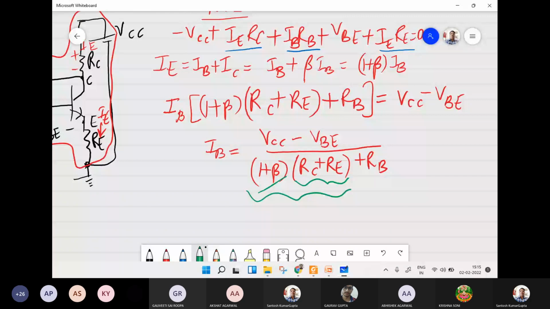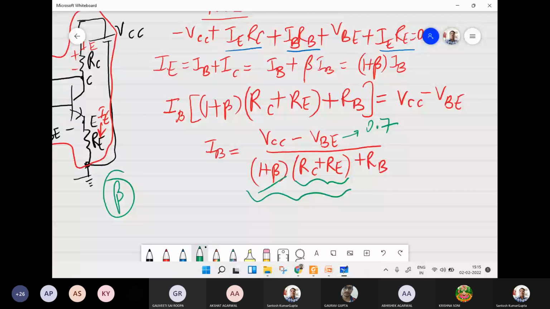So IB in this way, we can find it out. The nominal value for a silicon transistor, say VBE, may be taken as 0.7 volt or so, and other parameters related to the transistor, like beta, may be given in the problem.